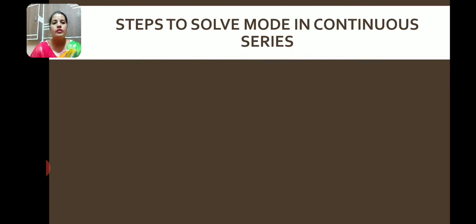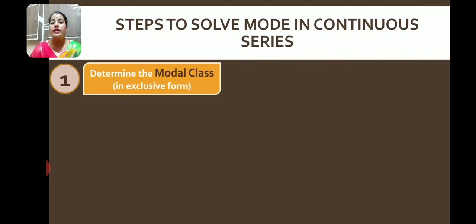Steps to solve mode in continuous series. The first step is to determine the modal class in exclusive form. Exclusive form means where the upper limit of the first class and the lower limit of the next class are the same, like 0 to 5, 5 to 10, 10 to 15.